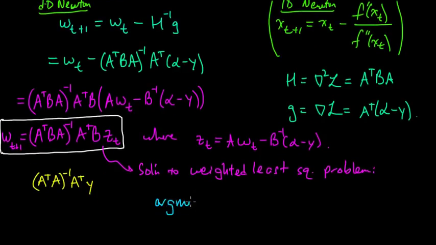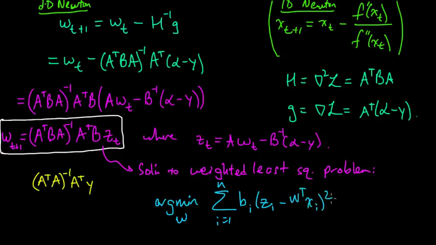It's the argmin over w of the sum, as i goes from 1 to n, of bi, I'll say what bi is in a second, times zi, the z's are given, minus w transpose xi, squared. Sorry, that looks a little funny. Let me emphasize, it's just the dot product here.